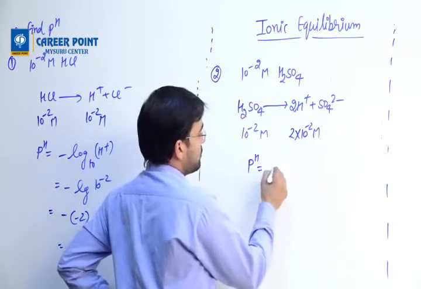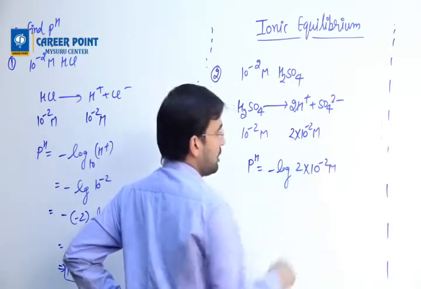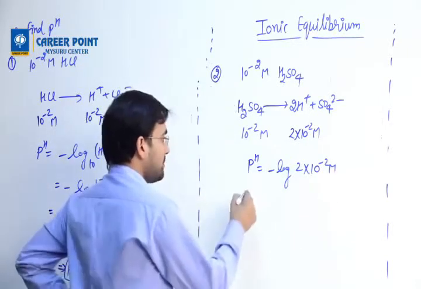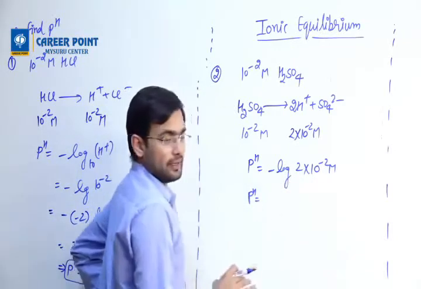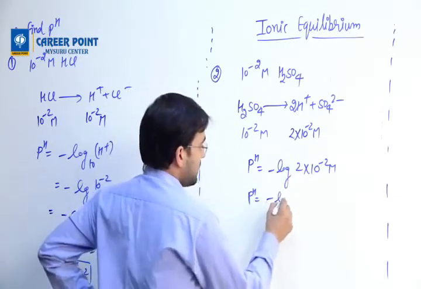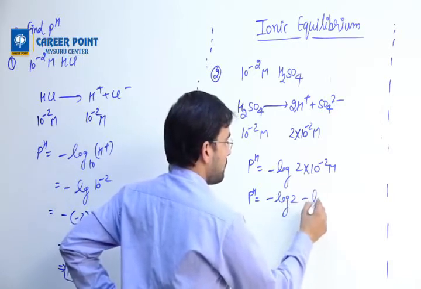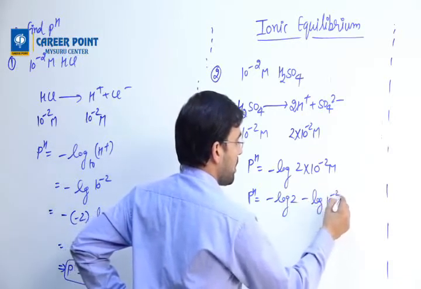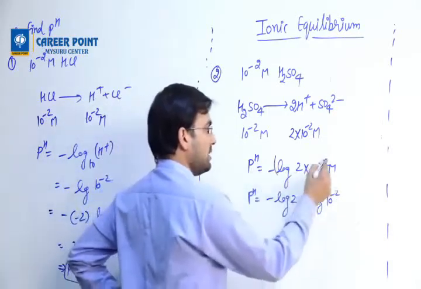So pH equals minus log of 2 into 10 power minus 2 molar. Right. It means log m into n becomes log m plus log n. So we get minus log 2 minus log 10 power minus 2, because minus was there initially.